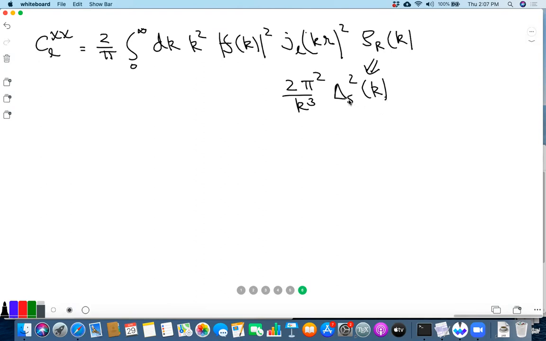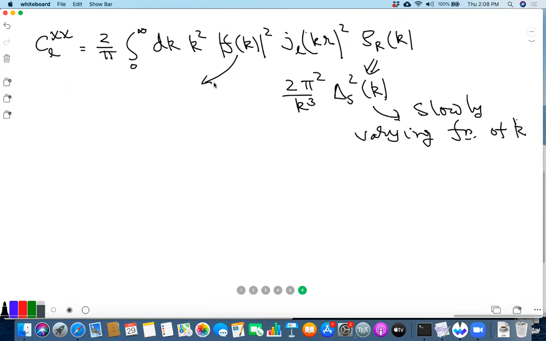What we had found is that inflation suggests that Δ_S(k) should be a slowly varying function of k. In fact, the variation comes only because of the spectral index, or 1 minus the spectral index, and that's proportional to the slow-roll parameter. So this is a slowly varying function.